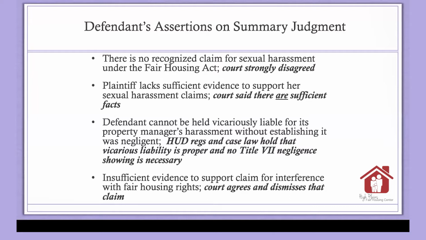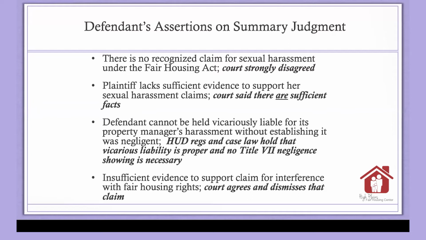The court said clearly that is wrong, that HUD regs and case law hold that vicarious liability is proper, and we're not using a Title VII employment discrimination analysis where we look for negligence on the part of the employer of the harasser.